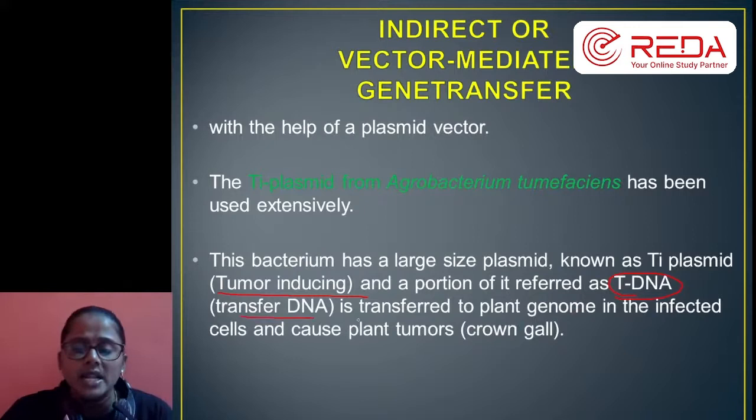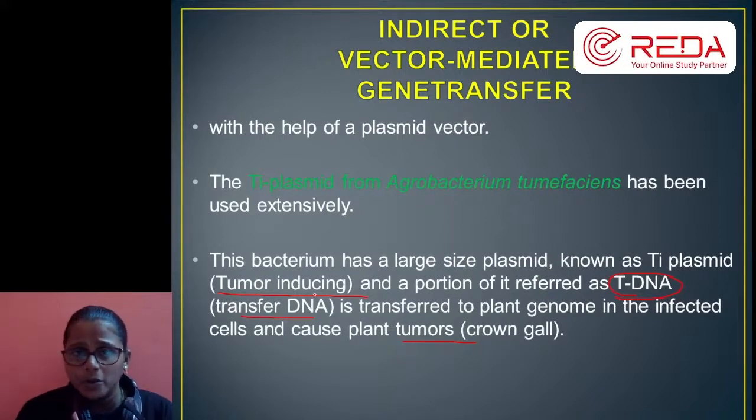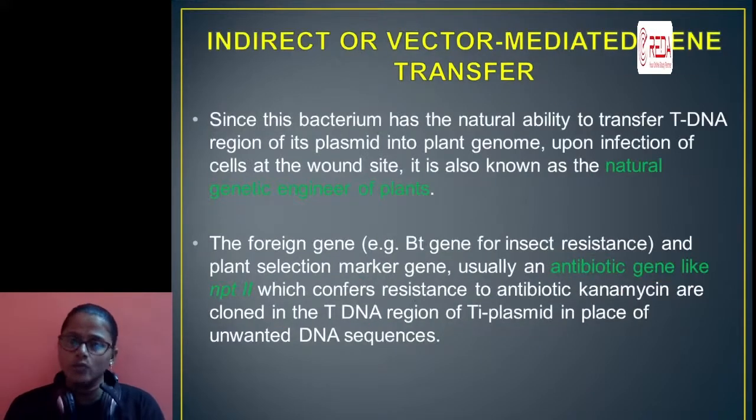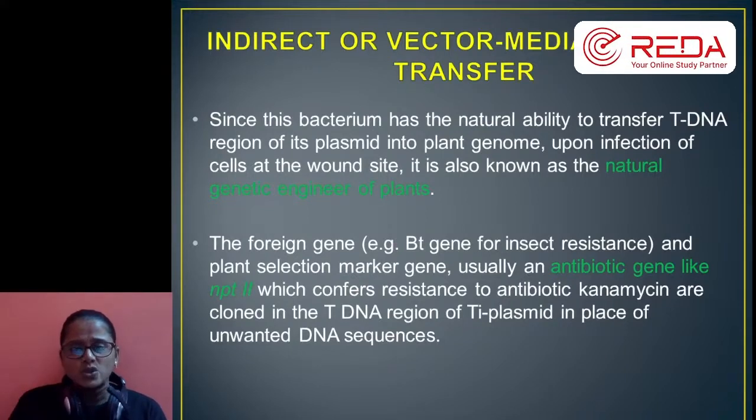This transfer DNA actually creates tumors in the plant. But we cut out this transfer DNA part and add our desired gene in its place. Then when we inject it into the plant, the plant is not going to be affected by the crown gall, and at the same time it receives the desired gene. So two in one can happen. Naturally they have the ability to transfer DNA, so they are called natural genetic engineers of plants.